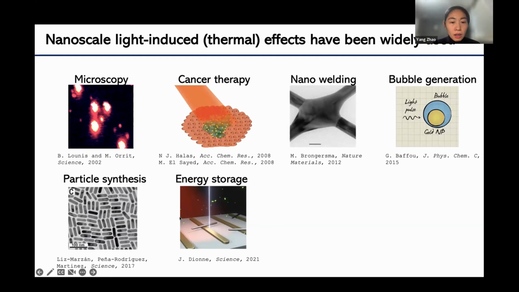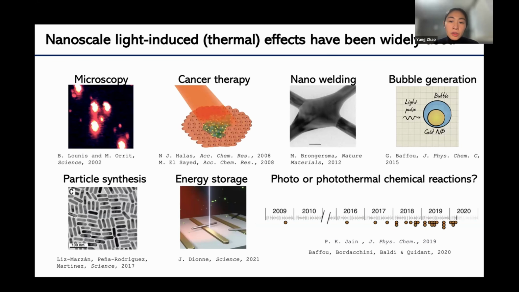Following a few very significant works, I can only cite a few and apologize to those I haven't cited in these slides, because the field is expanding dramatically. The photothermal effect has been used across fields from imaging and biomedical to particle synthesis, and especially recently energy storage.